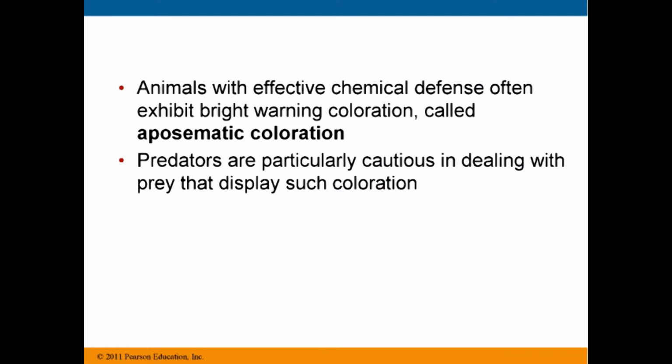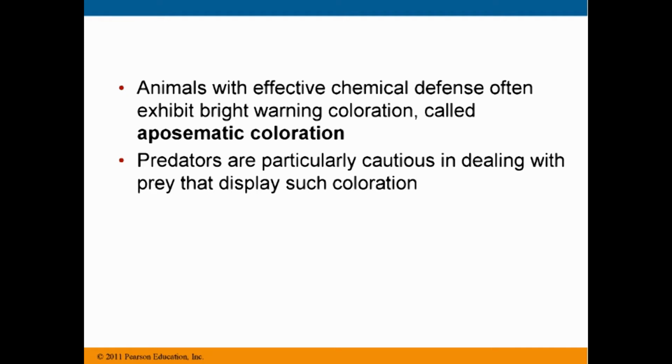Animals that have a nice, effective chemical defense often have a very bright coloring that goes along with them. Now, this coloration is meant to be a warning to other animals, and we call it aposematic coloration.